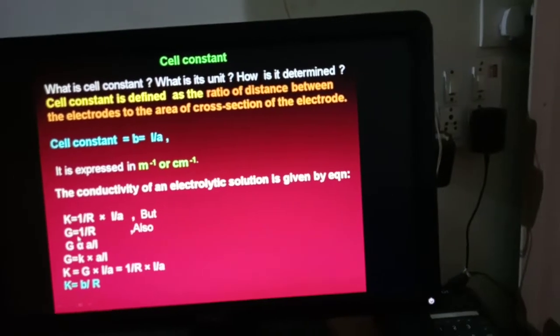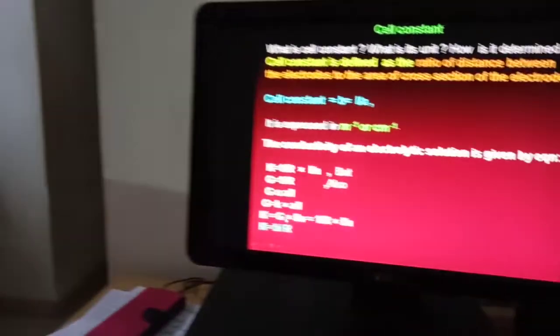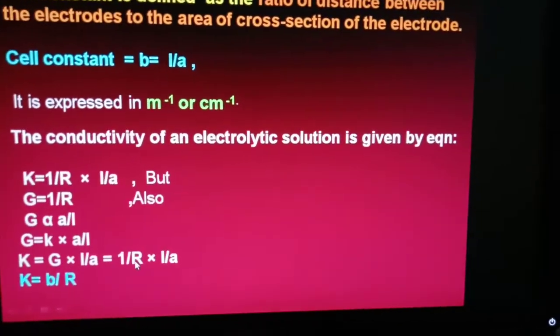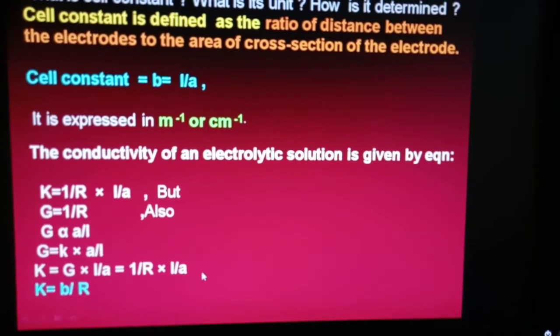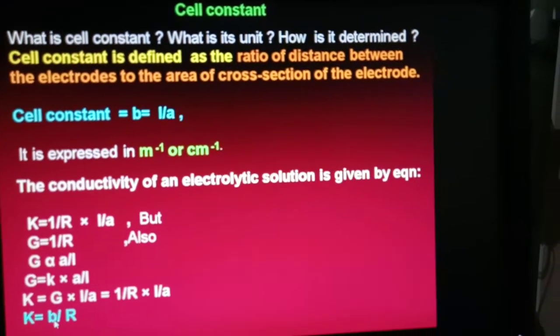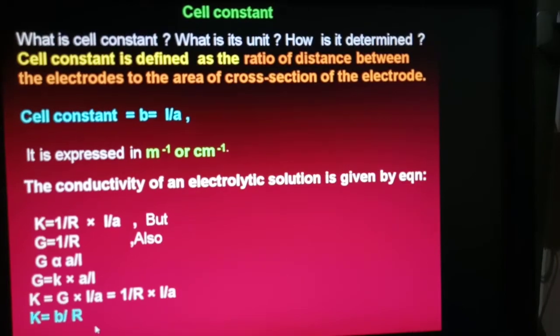But we know that G is equal to 1 upon R. Also, G is proportional to A upon L. Therefore, G becomes equal to kappa into A upon L, or G is equal to K into A upon L. So, K becomes equal to G into L upon A, that is equal to 1 upon R into L upon A. Therefore, K or kappa becomes equal to b upon R. Both the relations, cell constant b is equal to L upon A and K is equal to b upon R, are important while solving numericals.